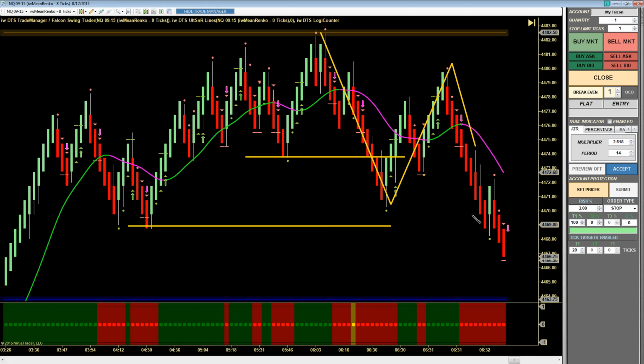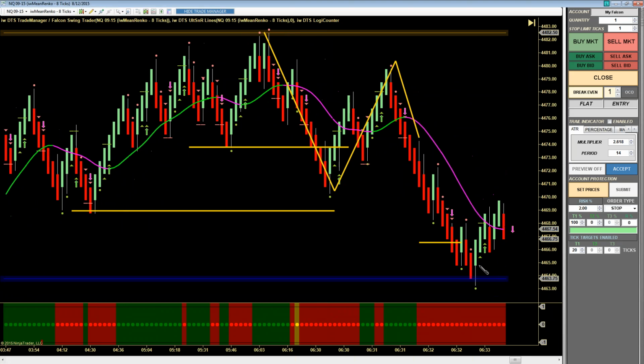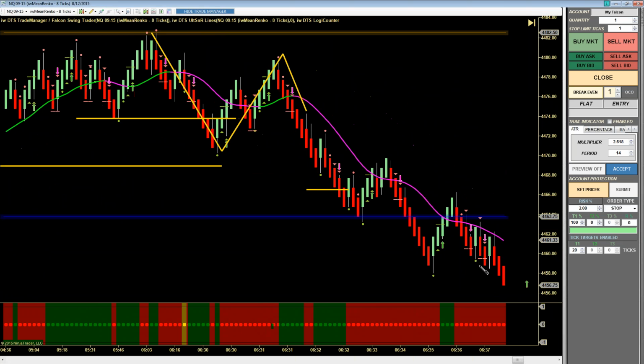The market comes out of this, it generates a sell signal, right? A trend change, the down, the up, only a single bar up, comes back, warning dots, triangle hash mark, we have a sell signal. And then the market heads lower from there.